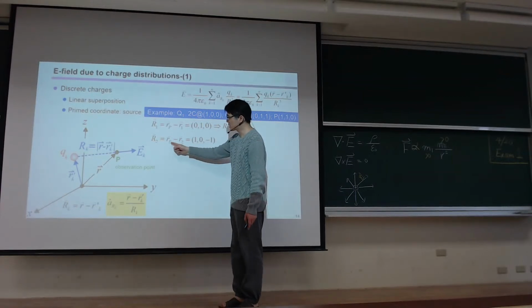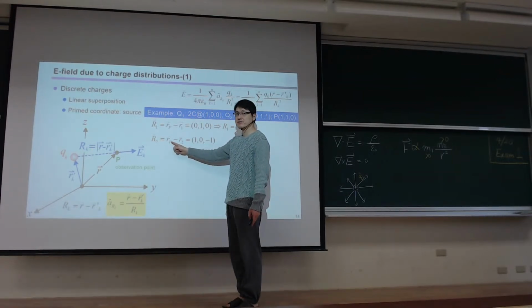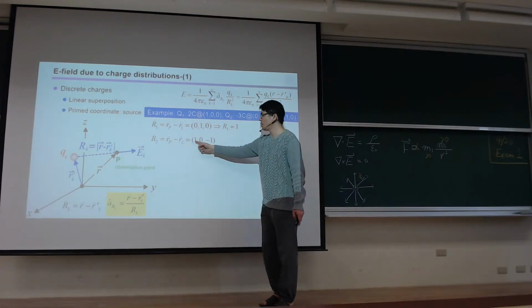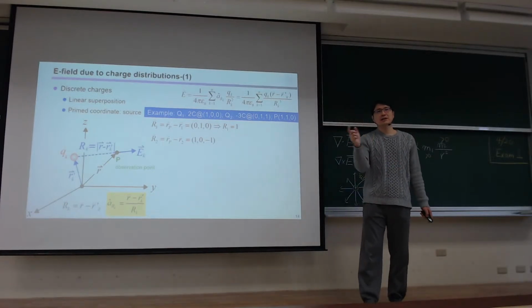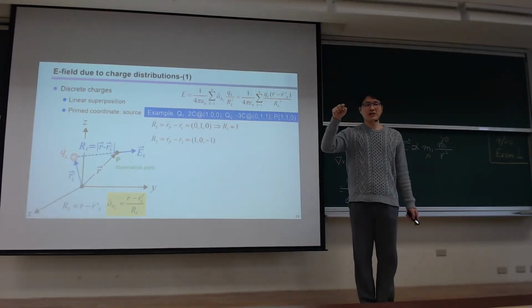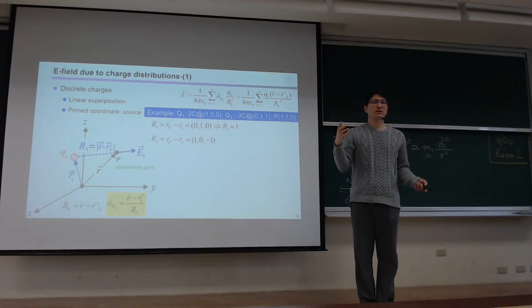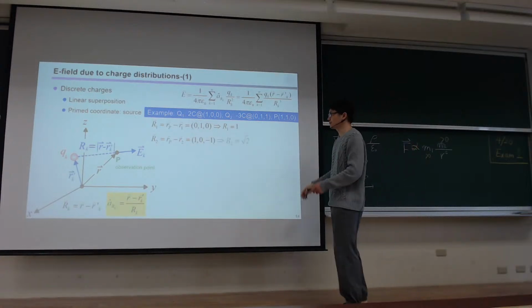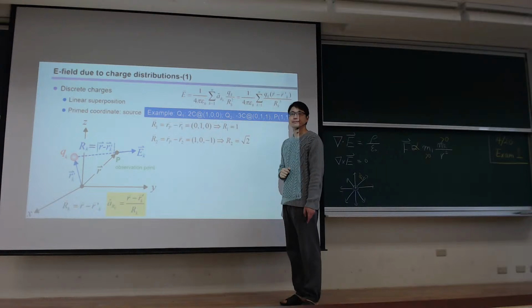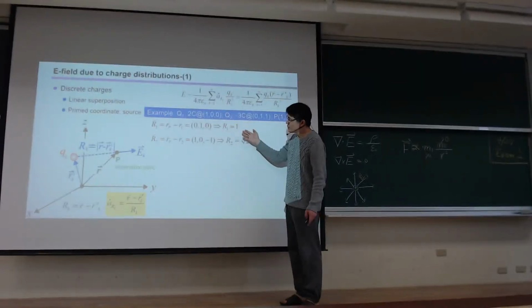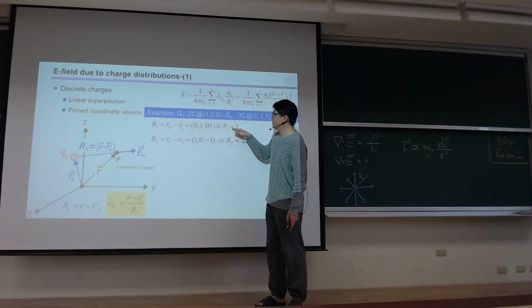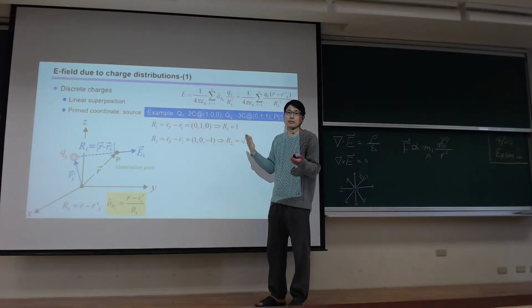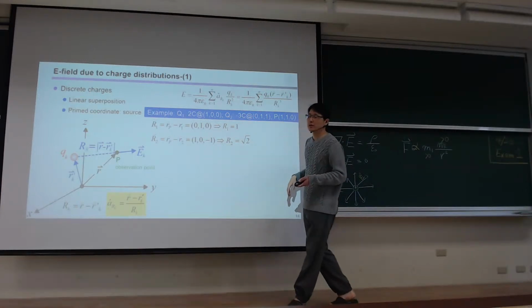The R2 vector is my observation position vector minus the second charge position vector. So now it's 1, 0, negative 1. In this case, the distance from the observation point to the second charge is square root of 2. Okay? Now, once you know this, this is the vector and this is the amplitude, you basically know everything.